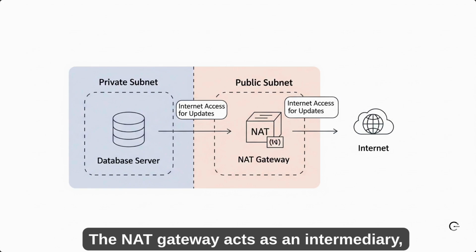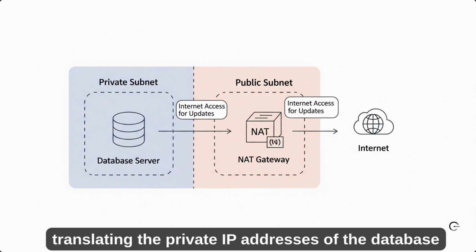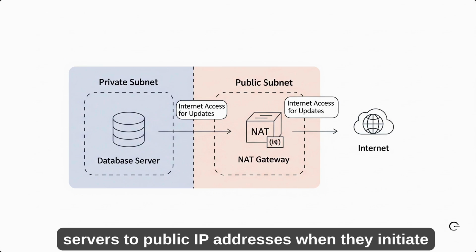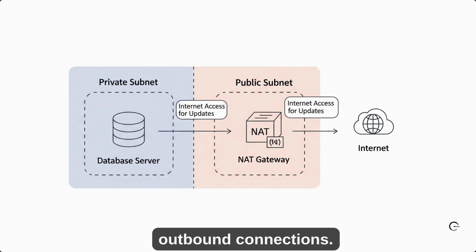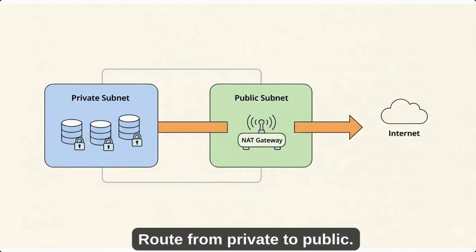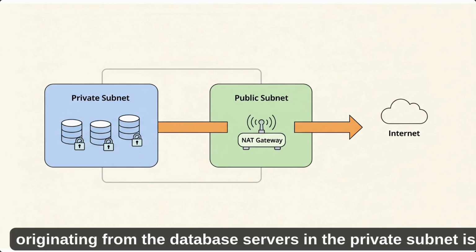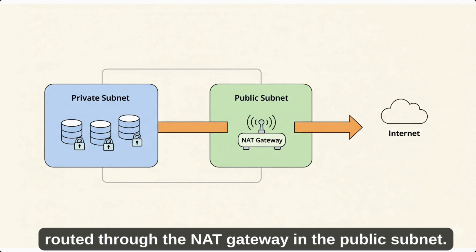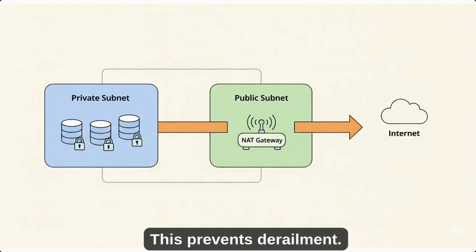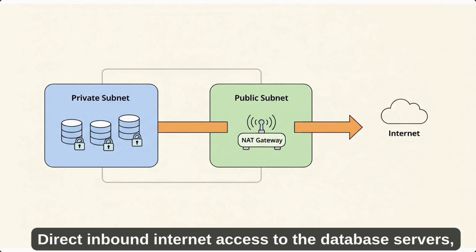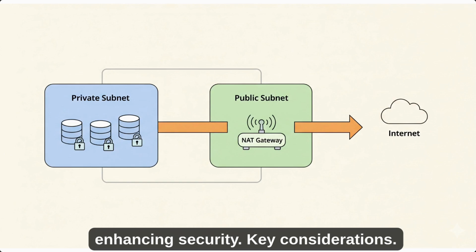The NAT gateway acts as an intermediary, translating the private IP addresses of the database servers to public IP addresses when they initiate outbound connections. Route from private to public: this ensures that all internet-bound traffic originating from the database servers in the private subnet is routed through the NAT gateway in the public subnet. This prevents direct inbound internet access to the database servers, enhancing security.